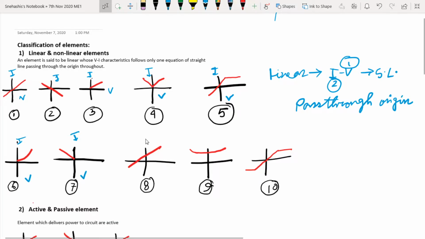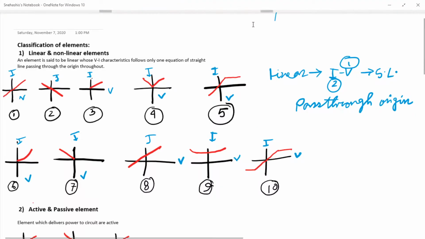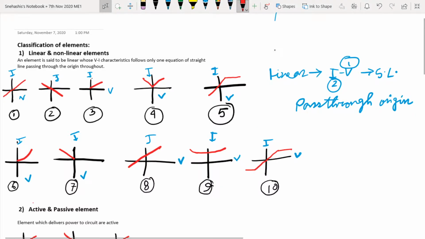So these are I, V, I, V, I, V. At the very first figure, we have to check whether it satisfies the two criteria or not: that the characteristics is throughout a straight line, and second, that it passes through origin.